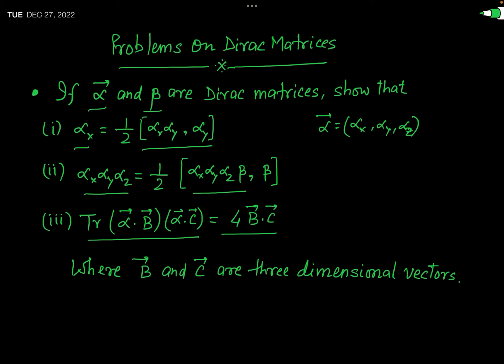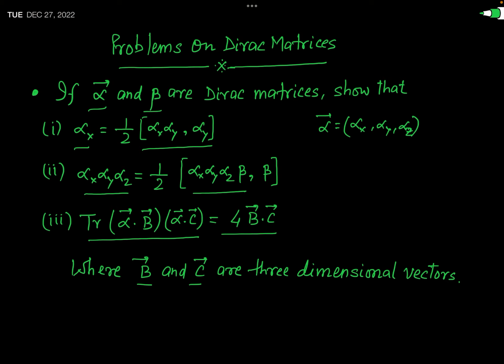Here the vectors b and c are the ordinary three-dimensional geometrical vectors. In fact, in this example there are three problems, and you can solve them very easily if the properties and the meaning of Dirac matrices are in your mind.